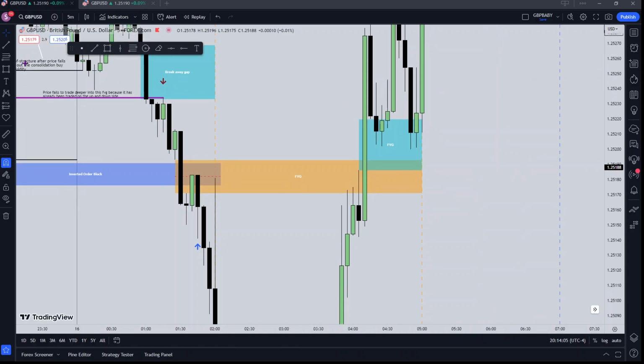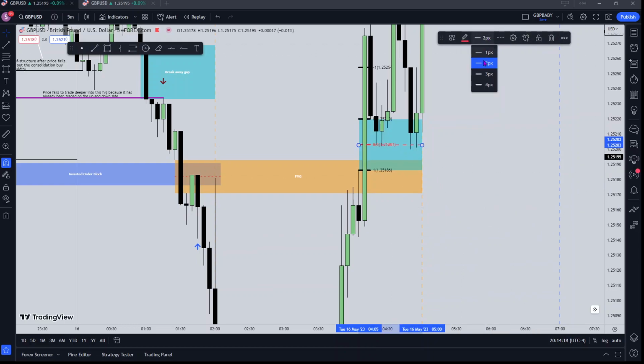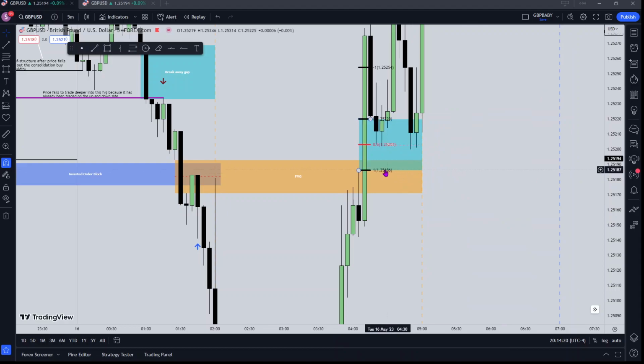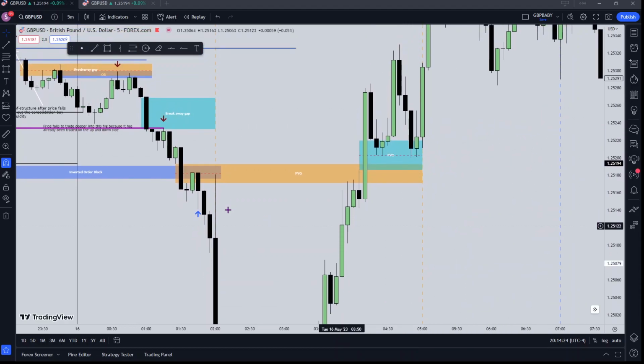But price even respects the 50% level of this. So you can see how prices keep stacking. 25203. So I'd want to be buying here.